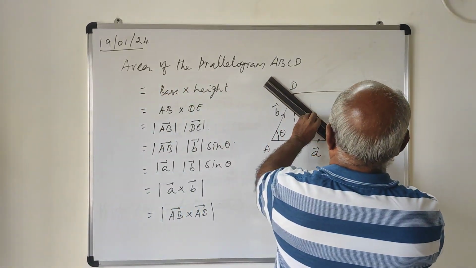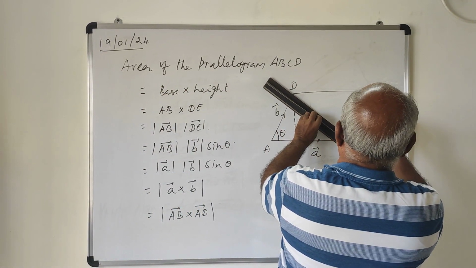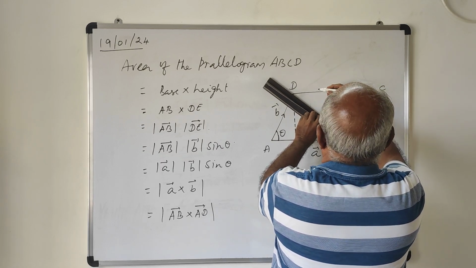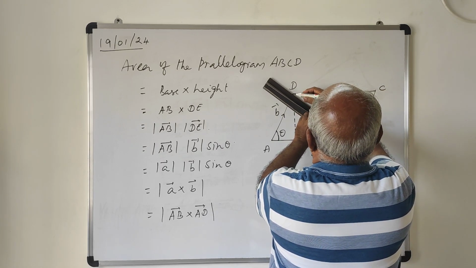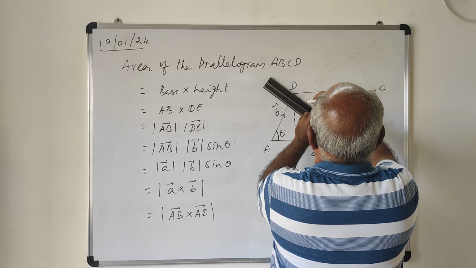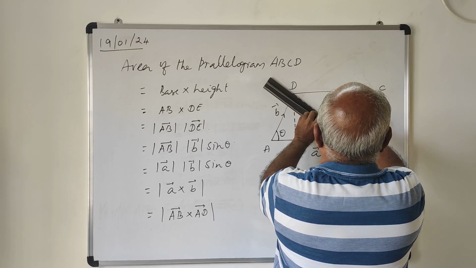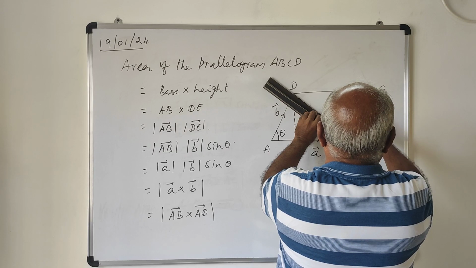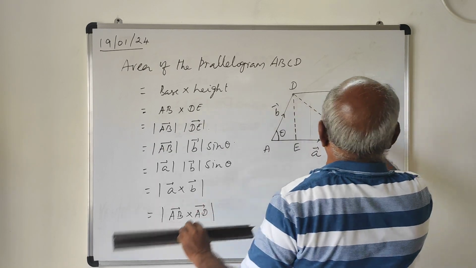If you divide this parallelogram into two triangles, you are just determining two times the half area of the triangle. You have two triangles.